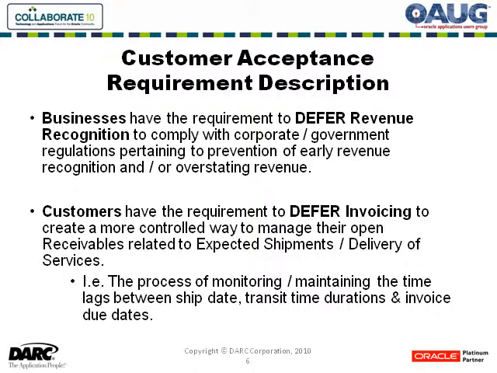However, on the customer side of the fence, they have the requirement for customer acceptance because they need to defer invoicing to allow themselves to create a more controlled way to manage their open receivables related to their expected shipments and/or delivery of services. For example, customers require deferred invoicing because it helps them monitor the process and maintain the time lags between their ship dates, their transit time durations, and the invoice due dates.